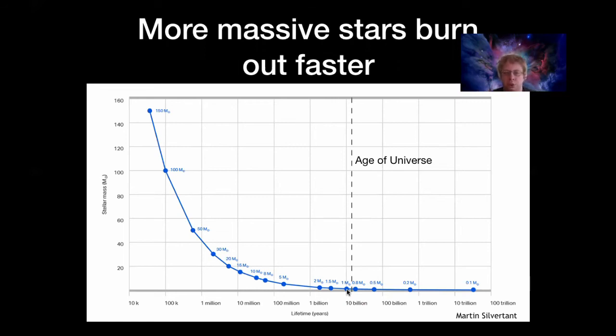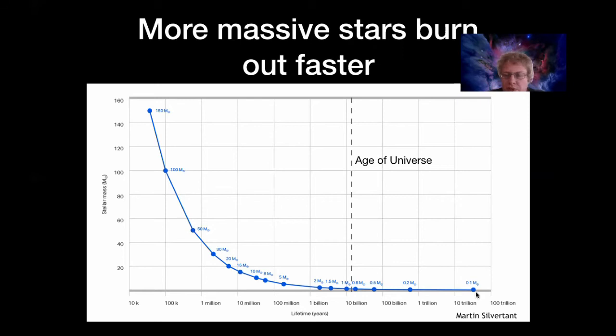In fact, it will last for almost the entire length of the universe today. So there are stars that could have been born at the very dawn of the universe, which could still be burning their hydrogen fuel today, because stars can last longer than 13 billion years in terms of their hydrogen burning, especially these low mass stars here.